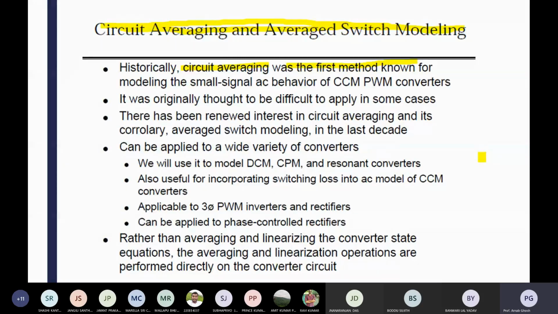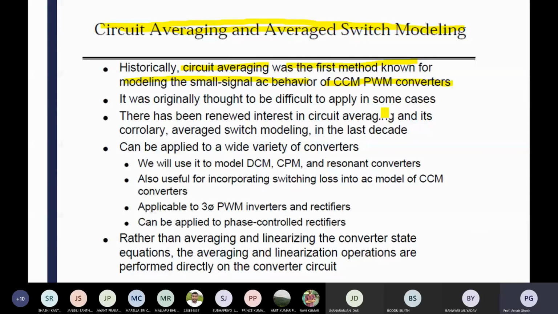It says that, historically, circuit averaging was the first method known for modeling the small signal AC behavior of continuous conduction mode PWM converters. You know that two modes of operation are available in switching converters: one is continuous conduction mode, another is discontinuous conduction mode. Both have some advantages as well as disadvantages.